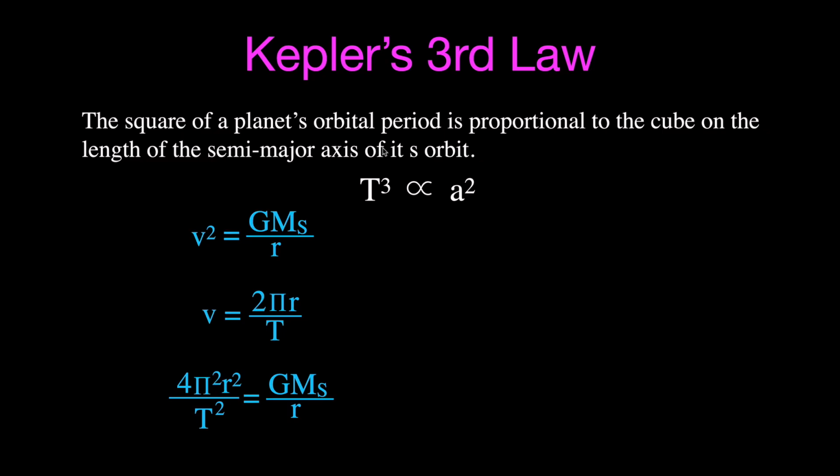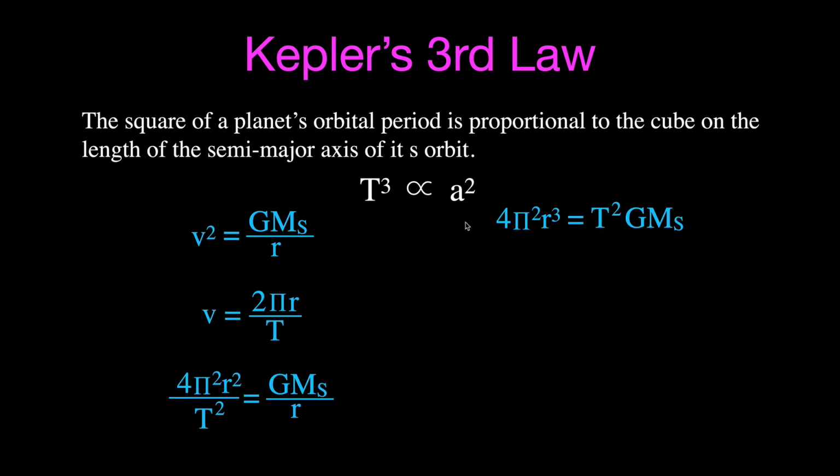Now what I'm going to do is cross multiply. And when I cross multiply, I'm going to multiply this by r, and I get 4 pi squared r cubed. And I'm going to take the T squared and multiply it by GM. And so I get 4 pi squared r cubed is equal to T squared times G times the mass of the sun. Now I am going to rearrange this equation so I have the ratio of r cubed to T squared.